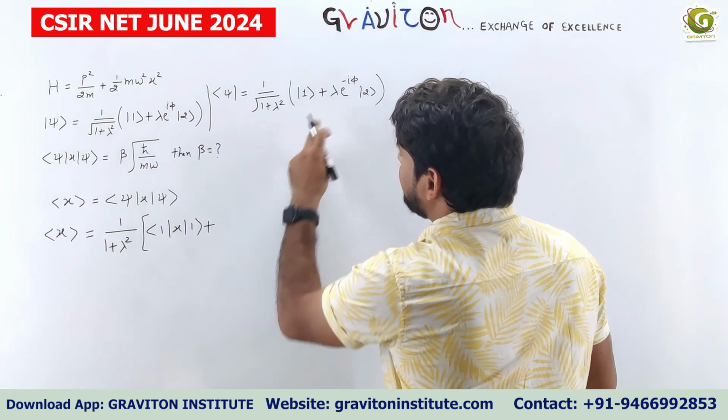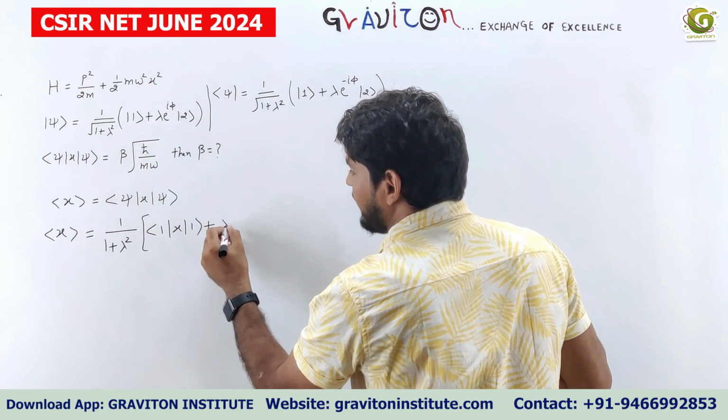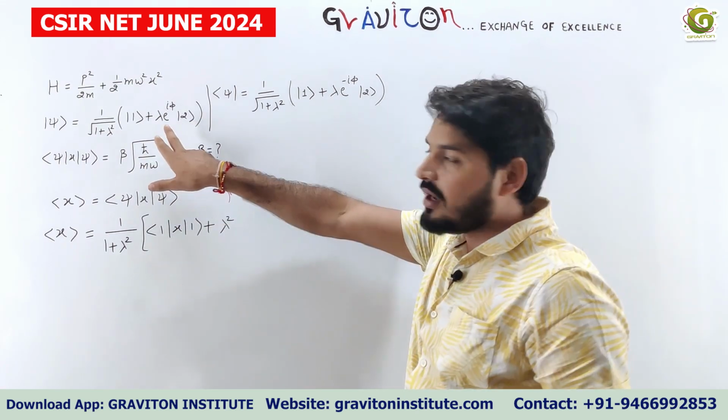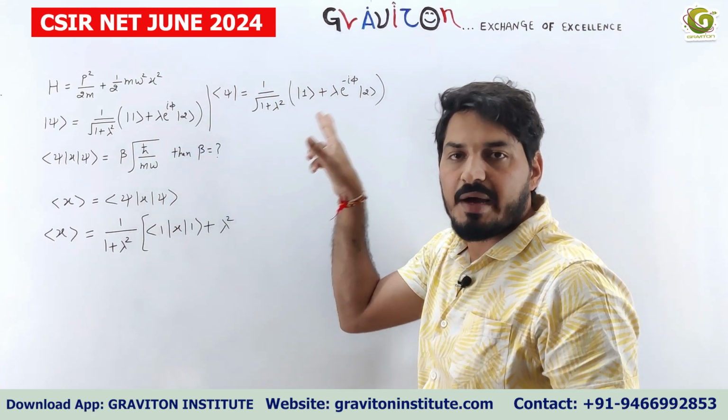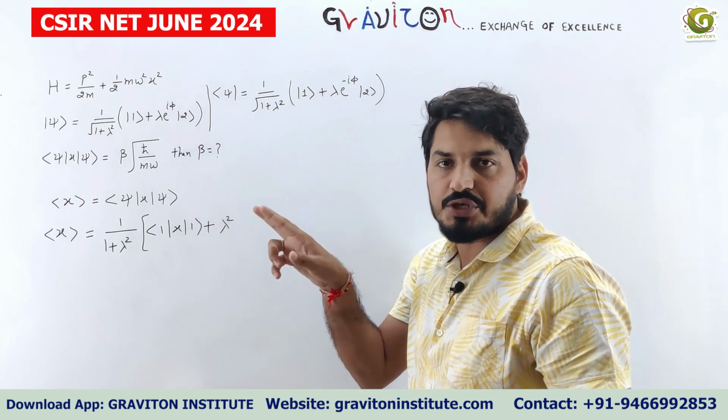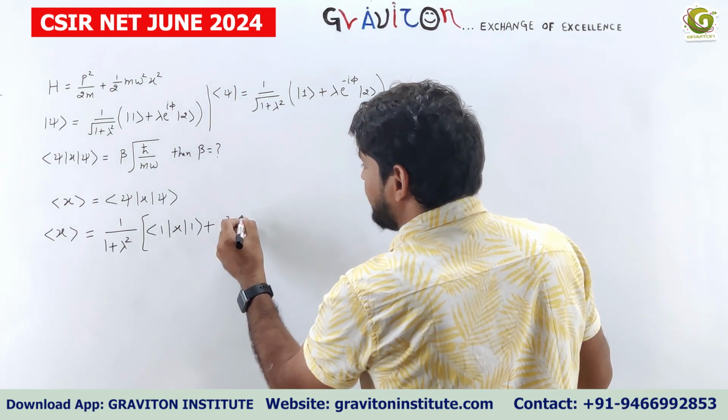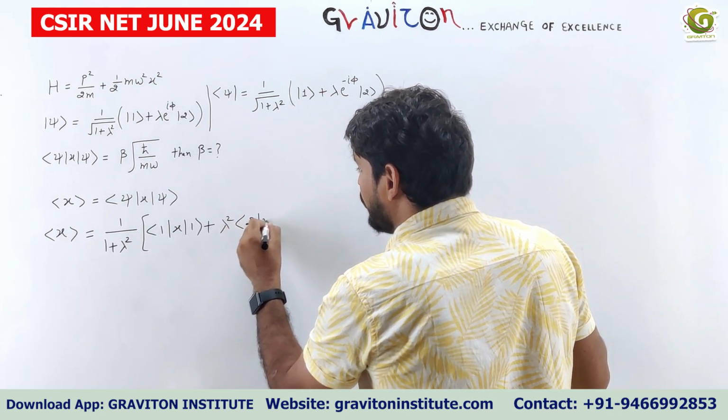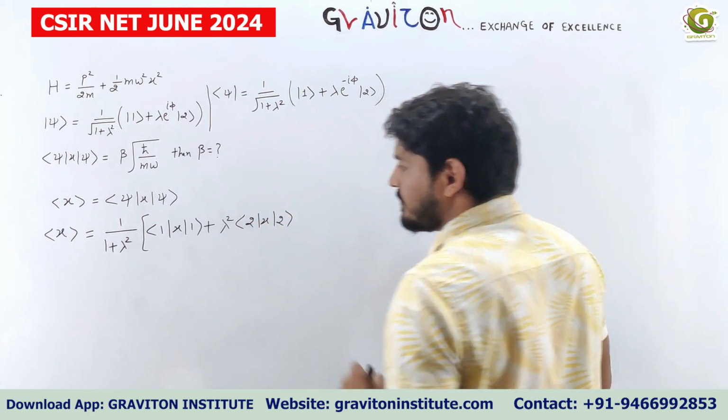So what you will get, lambda into lambda, this is lambda square, e to the power iota phi and e to the power minus iota phi. This will give you e to the power 0, that is 1, and then you will get the expectation value of x on state 2.